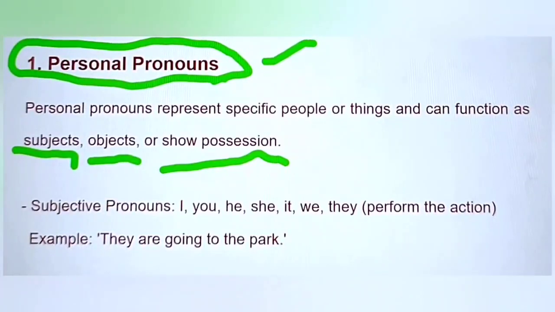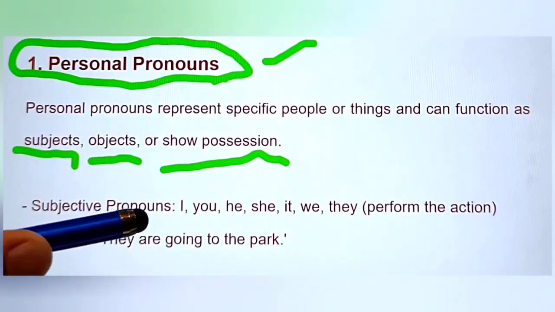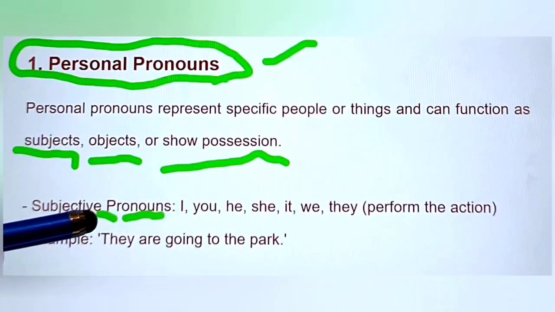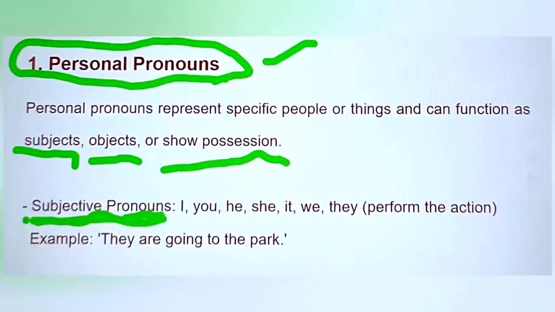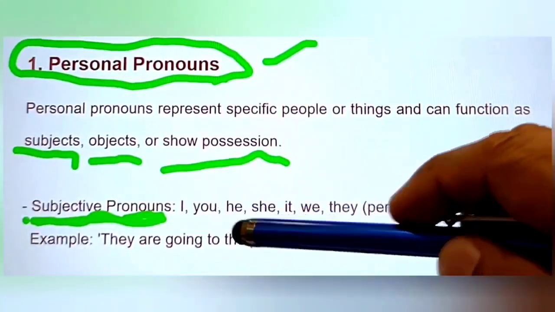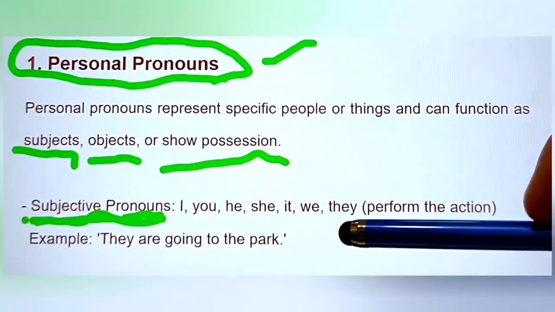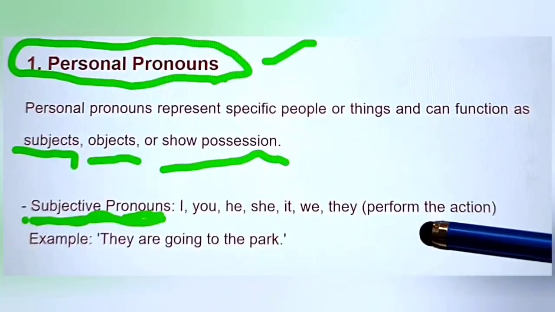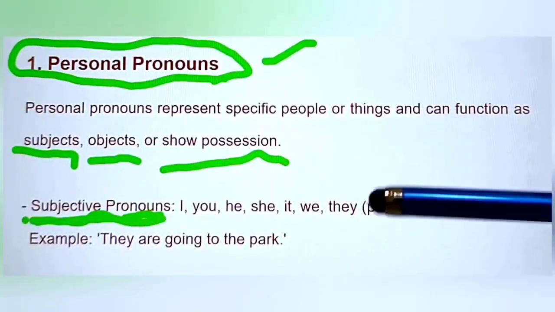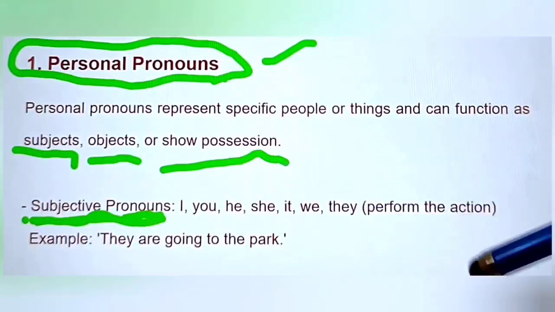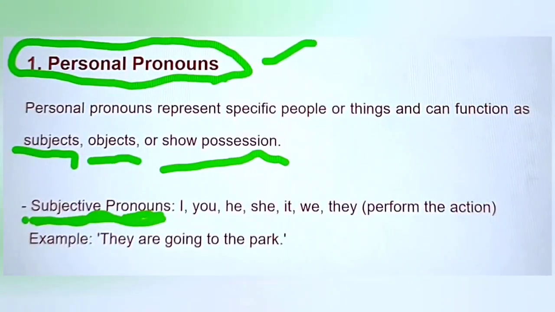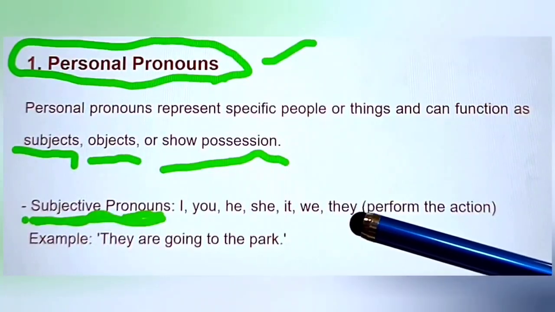For example, when a personal pronoun works as the subject in the sentence, examples are I, you, he, she, it, we, they. They perform the action. These are examples of personal pronouns used as a subject in a sentence.